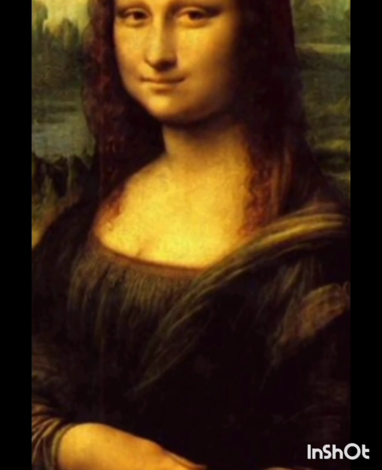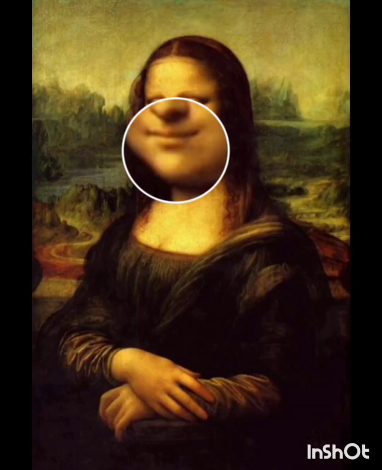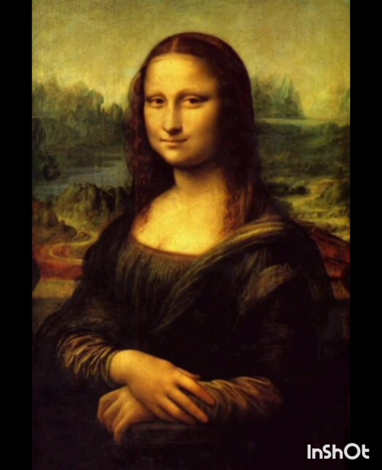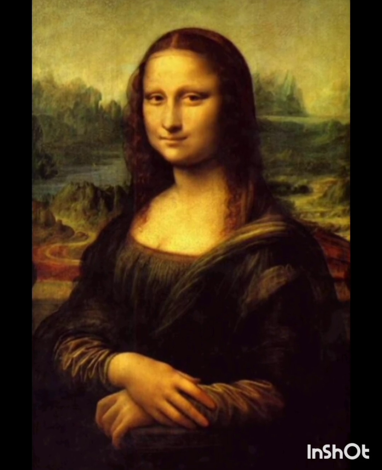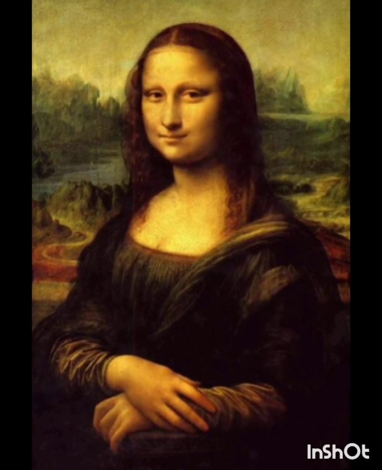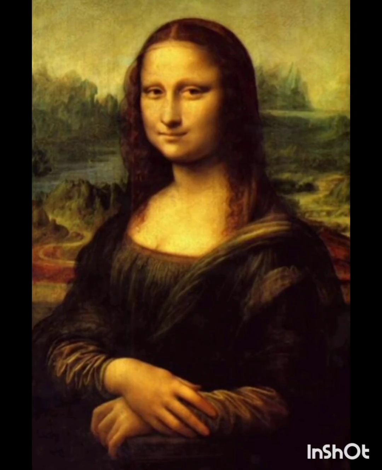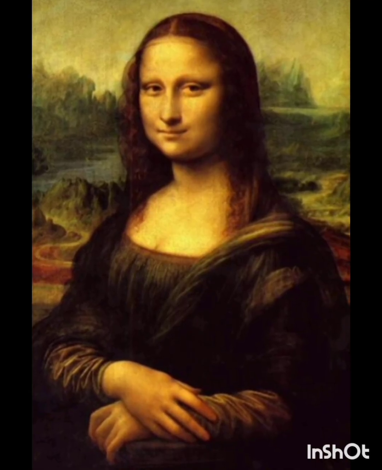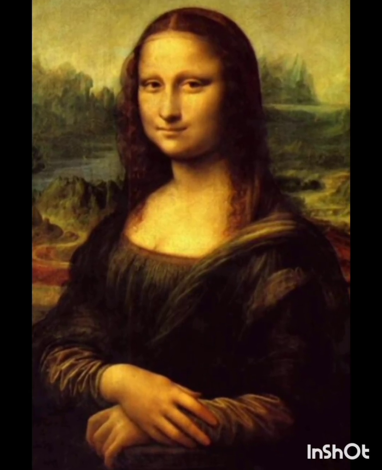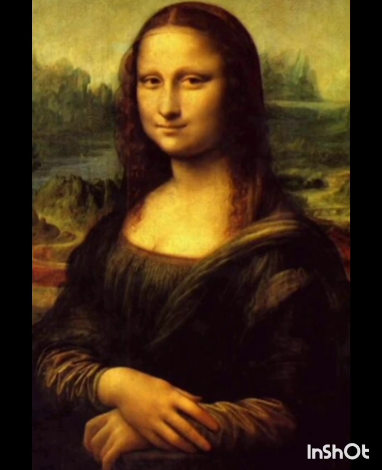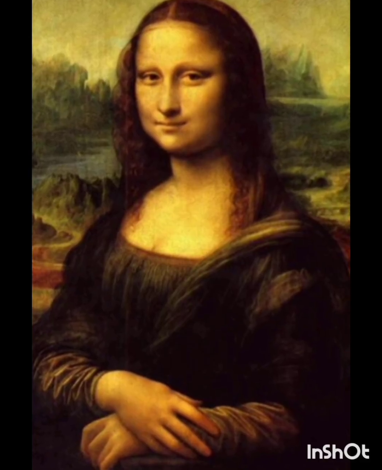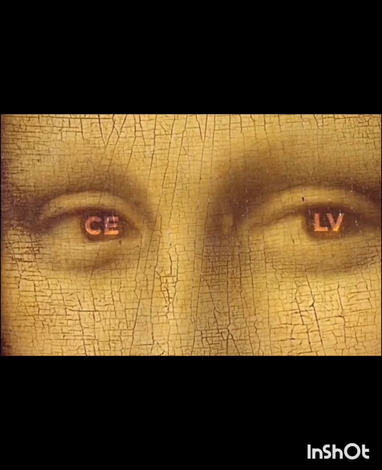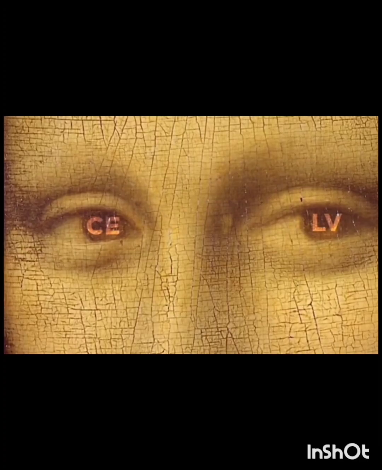Still, it is astonishing how such a delicately painted work has remained so well preserved for 500 years. Some experts believe that Leonardo may have intentionally left out the eyebrows so that no mundane detail would distract from the painting's otherworldly beauty. The mysterious smile of the Mona Lisa, her gaze, and the blurred natural landscape in the background make it not just a painting, but an immortal work of art and an eternal question.